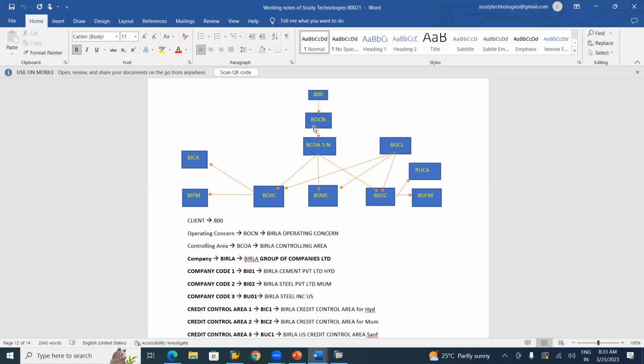For the first three, change only the naming convention, but follow the same complete end-to-end configuration and implementation. Only change the naming conventions and letters, that's it. From the fourth company code, you can start experiments in your practice time. Any questions? Hope I'm clear.